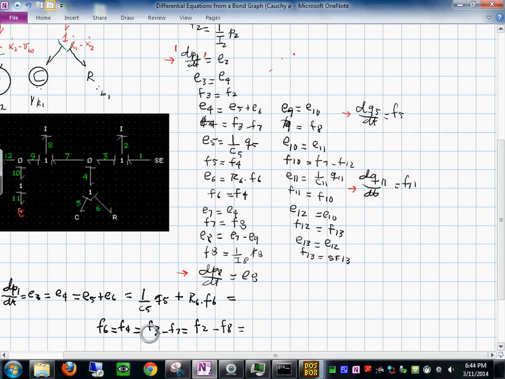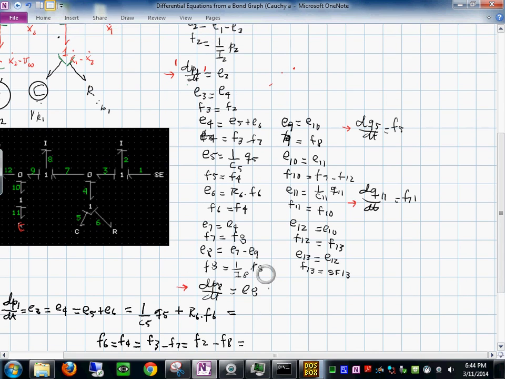So f sub 6 is f sub 2, which is this up here, 1 over I sub 2 P sub 2. Do you see it there? Right here, 1 over I sub 2 P sub 2. And then f sub 8 is 1 over I sub 8 P sub 8. So this one that we needed to complete, we can complete in the same line.